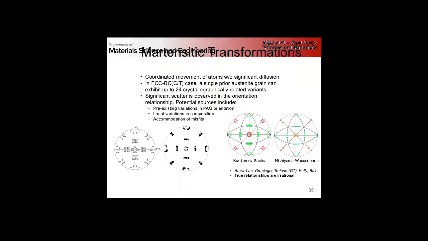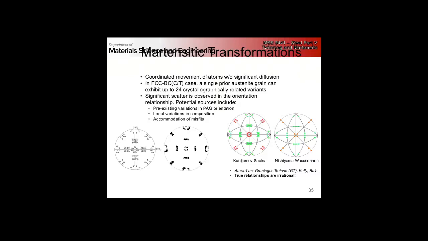And this is from an austenite grain that's perfectly aligned, right? So the axes of the crystal would be the three dots on this pole figure, the 001, 100, and 010, perfectly aligned. And then after the transformation, we get all of these different orientations.